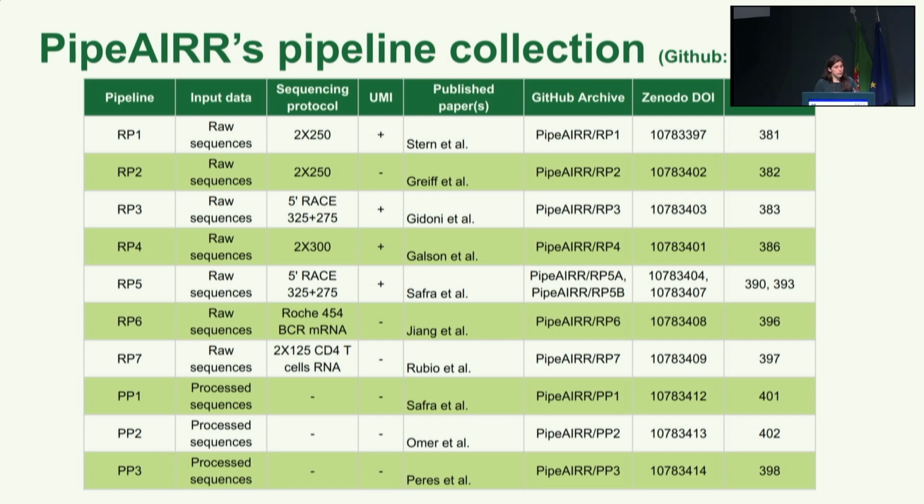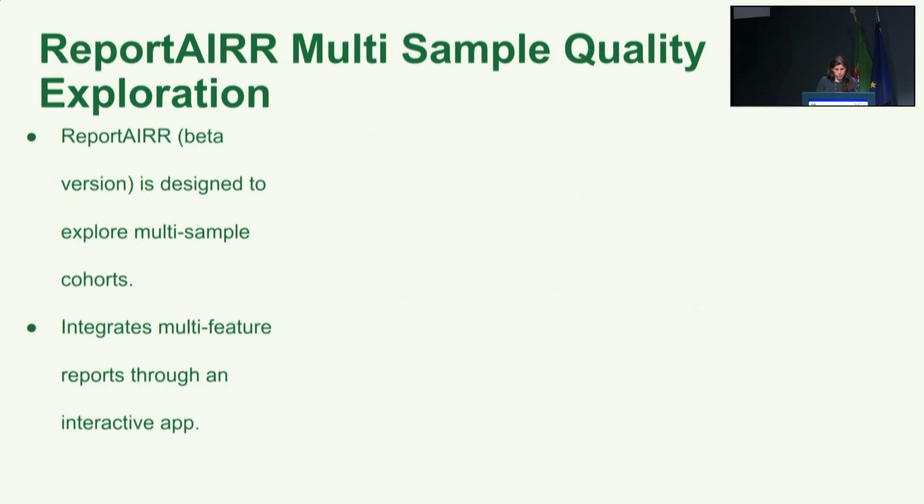And by developing this, we started to think, okay, how can we not only verify and reproduce the analysis, but also take this multi-sample cohort and do more testing analysis, understanding if the data that we got is reliable and credible.